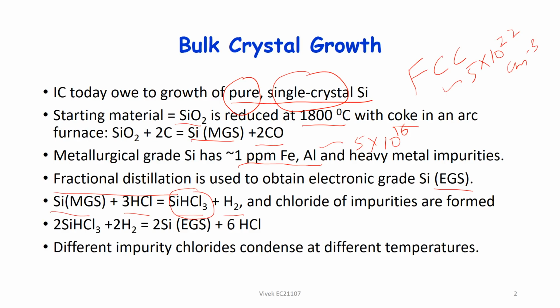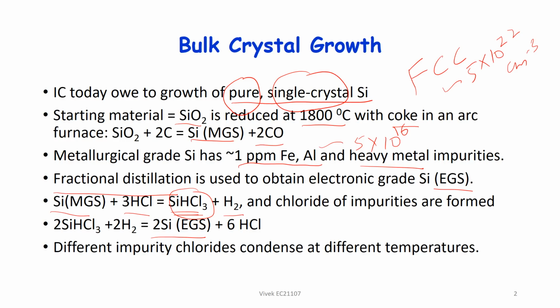Now fortunately, other metal impurities also react with HCl to form their chlorides, like FeCl or aluminum chloride, and they have different condensation temperatures. They condense at different temperatures, so we can easily select SiHCl3, which again reacts with H2 to form electronic grade silicon.